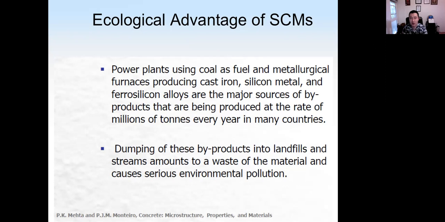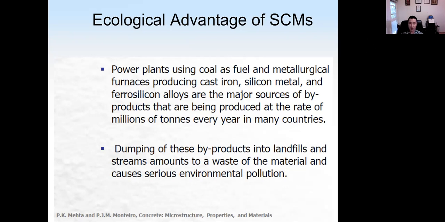For example, in the US, fly ash alone is around 50 million tons every year. In China, we may have much more than that. Dumping these materials into landfills and streams is first of all a waste of materials.